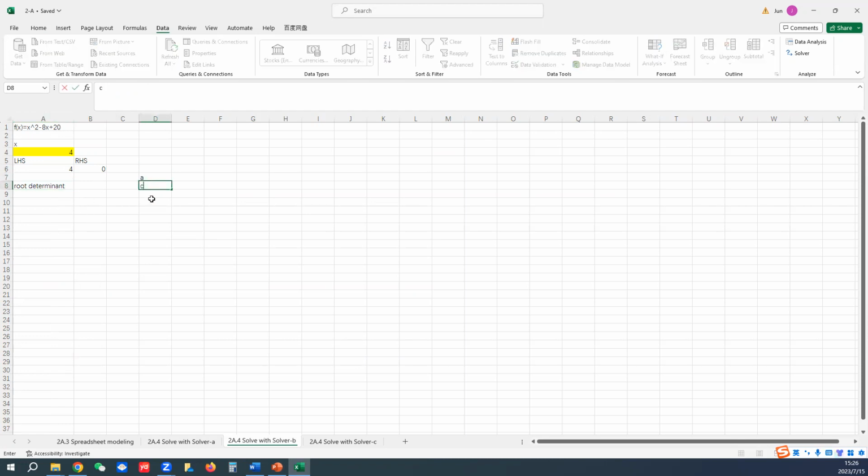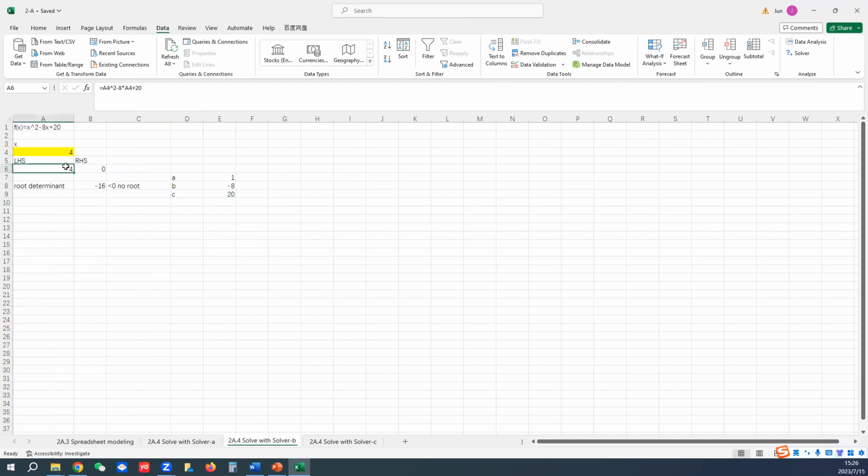Here A is 1, B is minus 8, and C is 20. Your root determinant is B squared minus 4AC, which is smaller than 0, no root. Solver has tried its best but cannot. Actually, x equal to 4 is the minimum value of this function, but still the function value is not equal to 0.